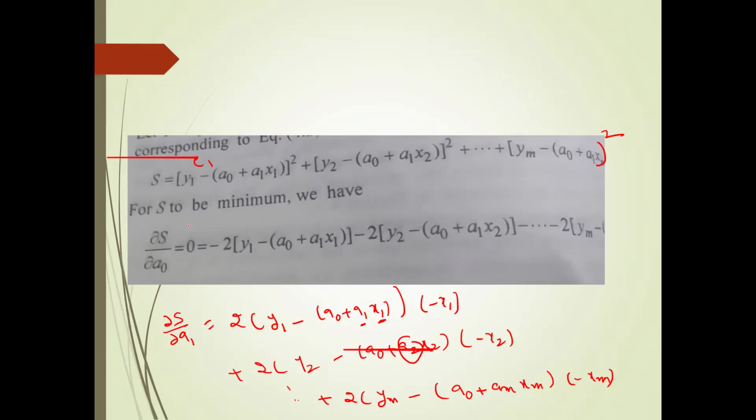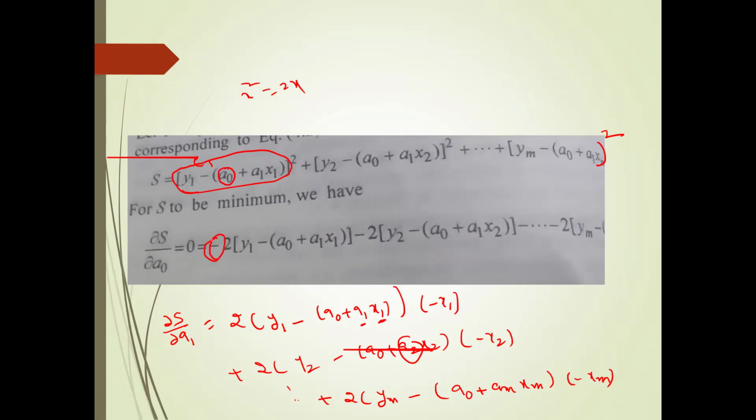Okay, so ∂S/∂a0. That is 2 times, this is a square, no? The derivative of a square, x² derivative is 2x. So the derivative of this is 2 times (y1 minus (a0 + a1x1)). Why do we have this minus?